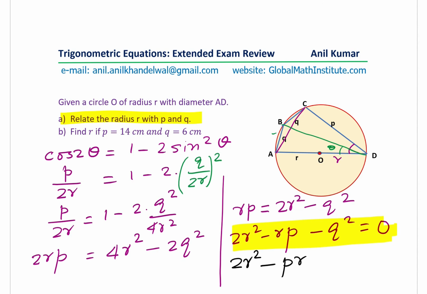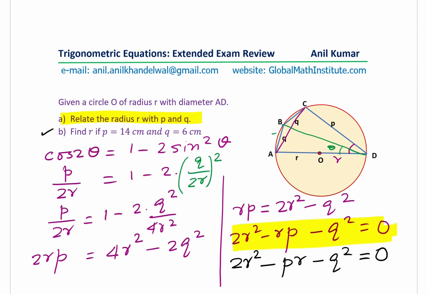So we have a quadratic equation in R, and that should help us to solve such questions in general, correct? Now we'll do part B, which is find R if P equals 14 and Q equals 6. We can substitute P and Q and then solve for R.